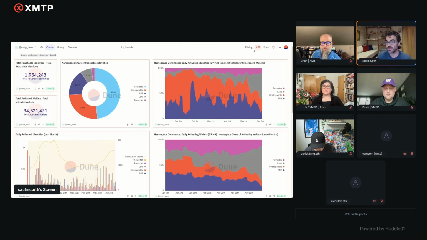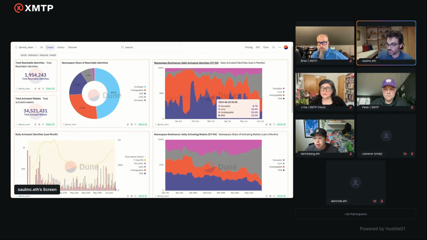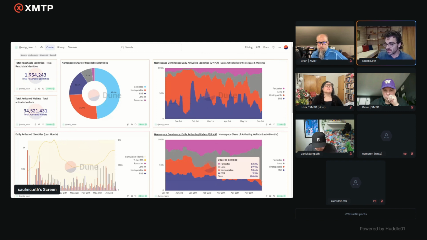The difference between the top right daily activated identities and the bottom right daily activating wallets, you can see in the total share broken down from wallet identifiers: Unstoppable and ENS total about 40% on identifiers, and actually only about 20% on activating wallets.